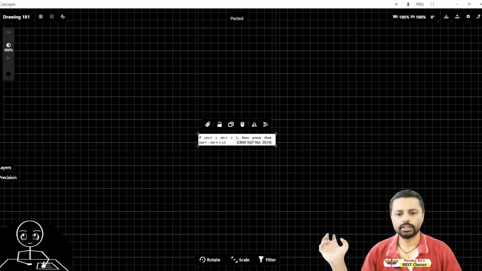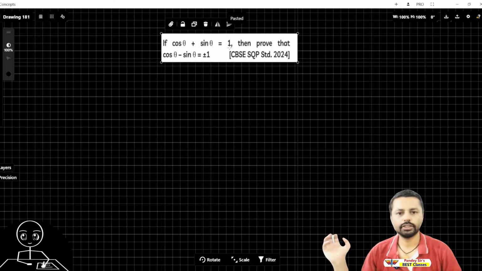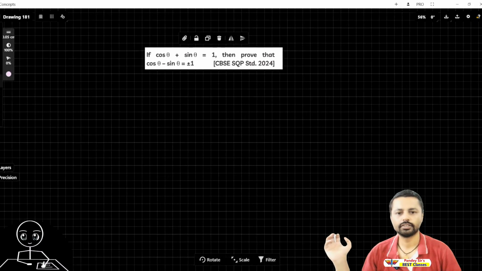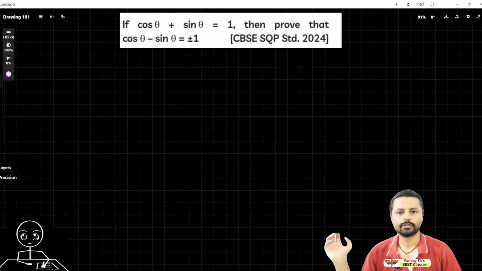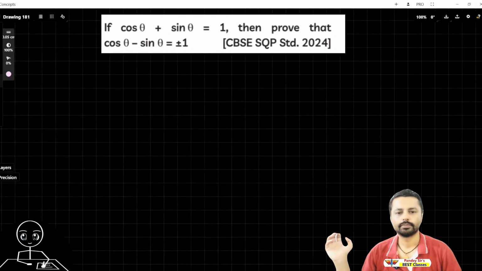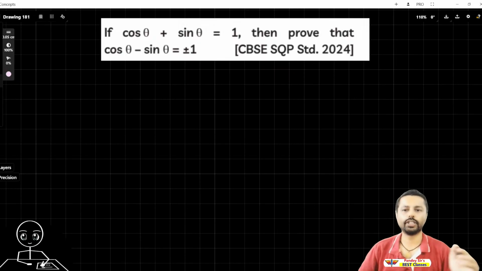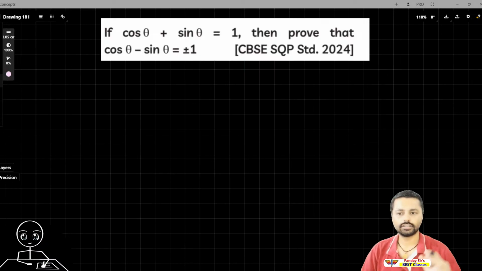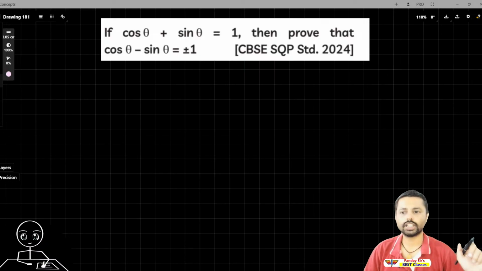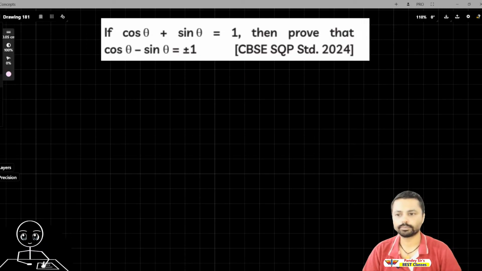This is going to be the proving question. Now in this question, the trick is we have to use the square formula.